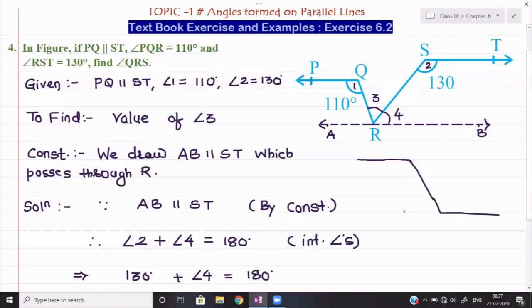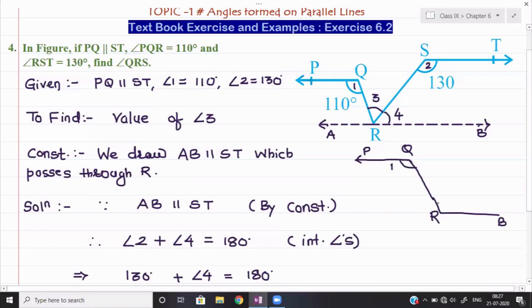Like this. This point is supposed to be P. This is your Q. This point is R, and here somewhere it lies B. Okay. Now observe, this will be angle number 1.